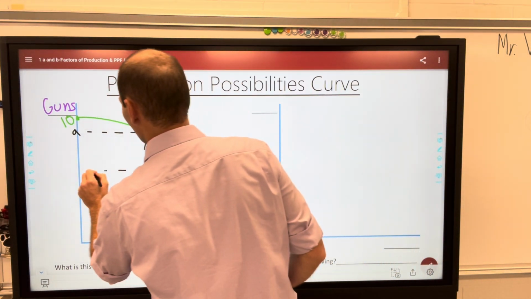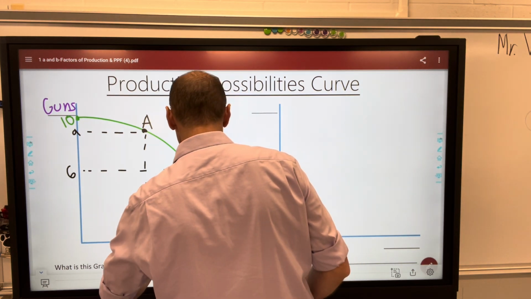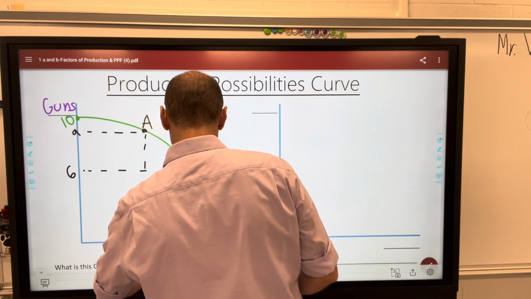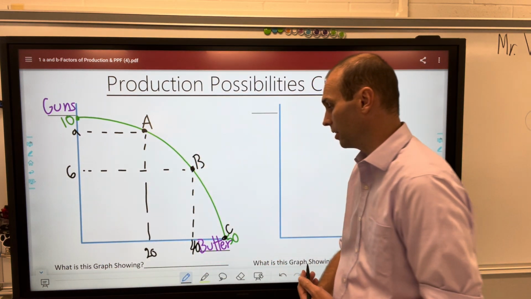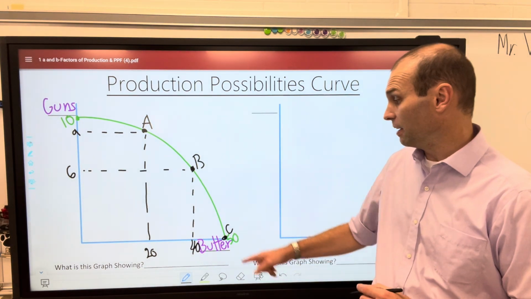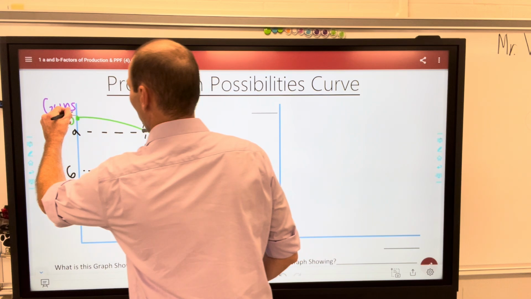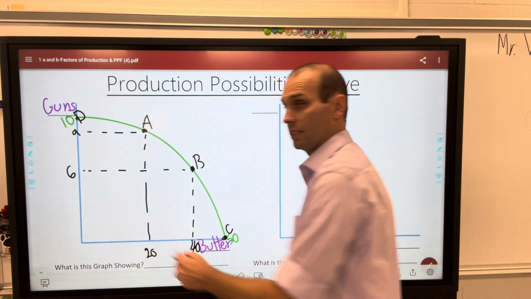At point B, we could be right here. That would be about 6 guns, and that looks like something like 40 butters. We could have point C right here, and that could be 50 butters, but 0 guns. We could even have point delta right here, which would be 10 guns and 0 butter.